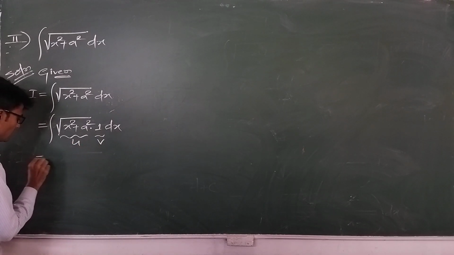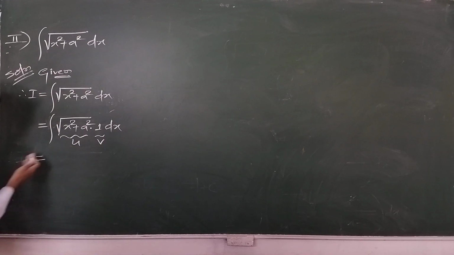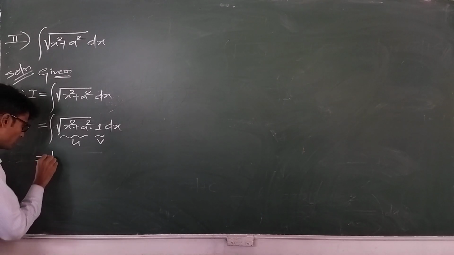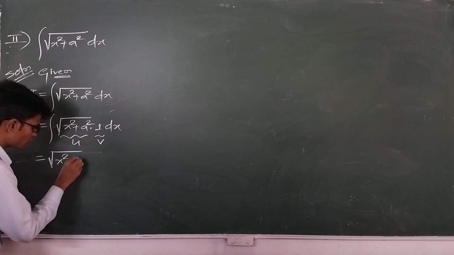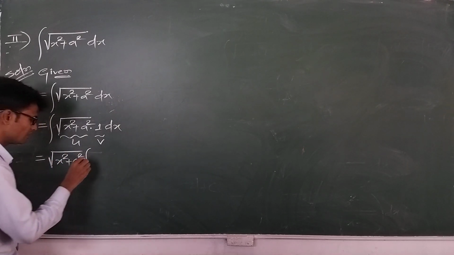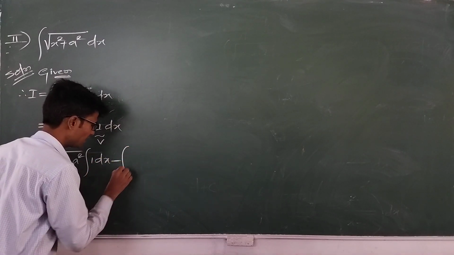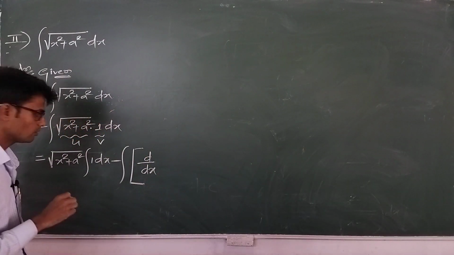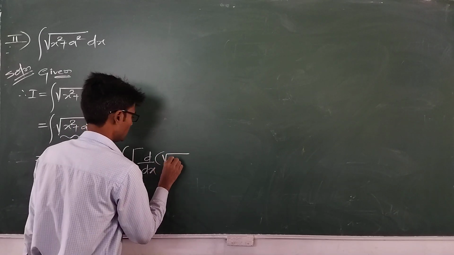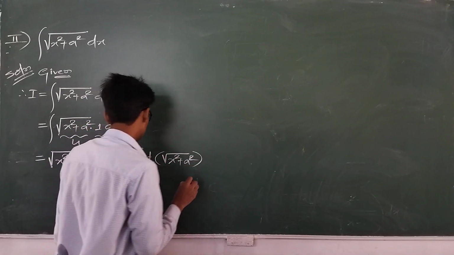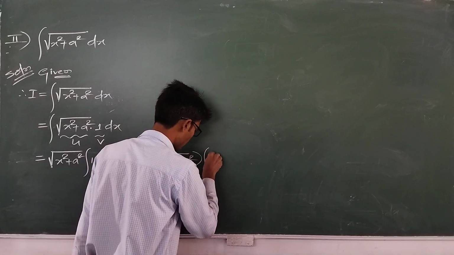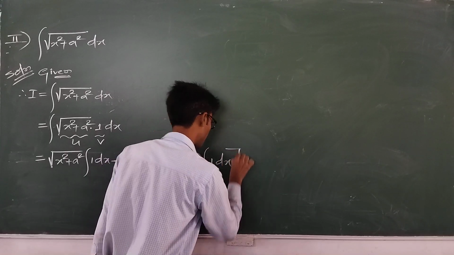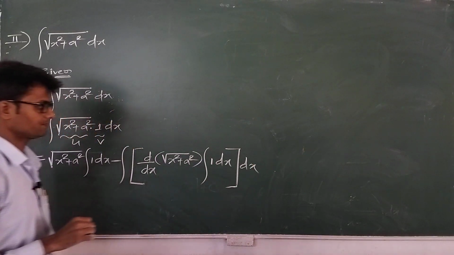So now this is equal to, first you take u outside, and write u as it is, that is square root of x square plus a square as it is, integration of v with respect to x, 1 with respect to x, minus integration of differentiation of u, that is differentiation of square root of x square plus a square, next integration of 1 with respect to x, bracket complete, and after that with respect to x, right?